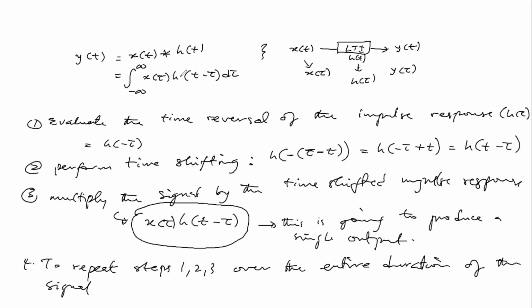Okay. So now let's look at an example which you already have in your slides. Let's assume S of t is given as a unit step function. And then H of t, let's draw the system.